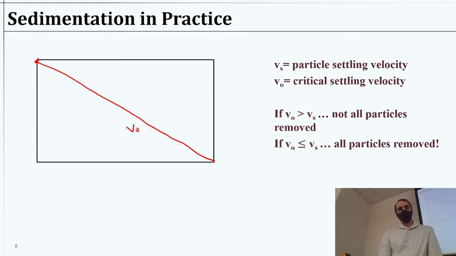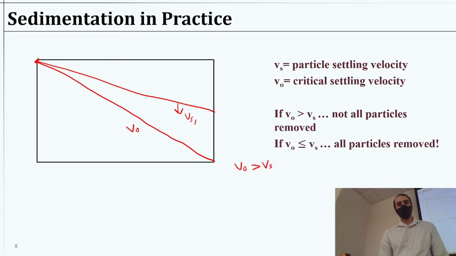If that velocity is greater than the velocity term for some other particle, so if this is Vs1, we see here V naught is greater than Vs1. That means that particle escaped, right? So we know that if we compare an observation to the design, and the observation is slower, then not everything's going to be removed. Now, maybe some of them are going to be removed, and we'll come back to that, figure out how many exactly. But that's the principle there.